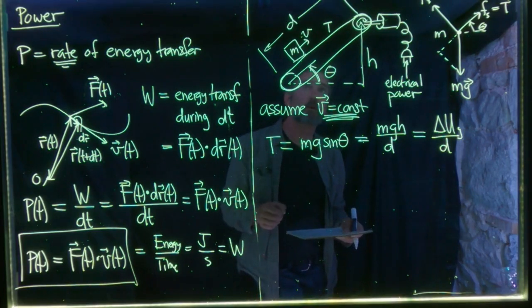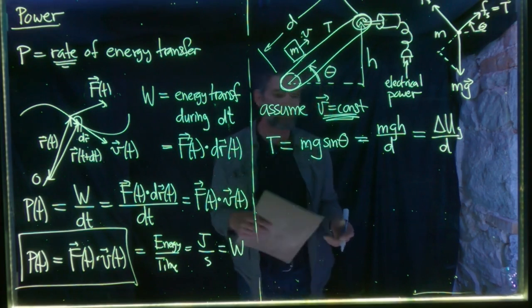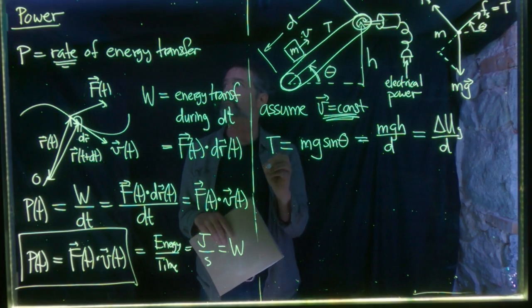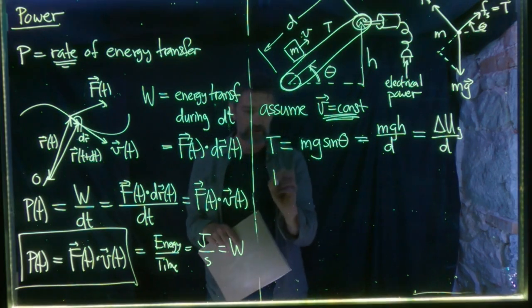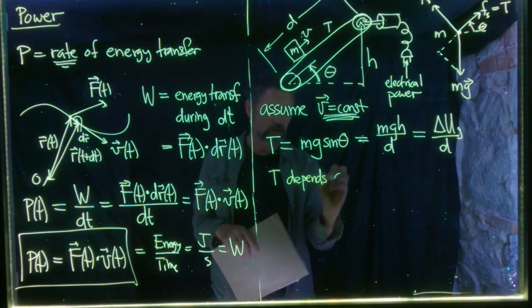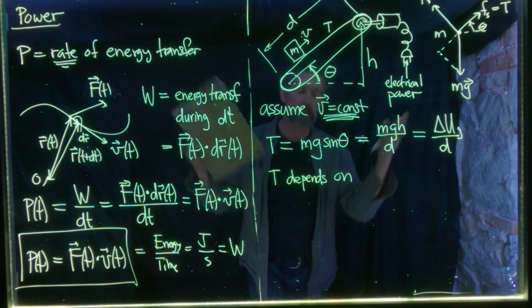So there's a very important thing to point out about this. The important point here is that the tension T depends on what? Well, g is just the constant gravitational field.